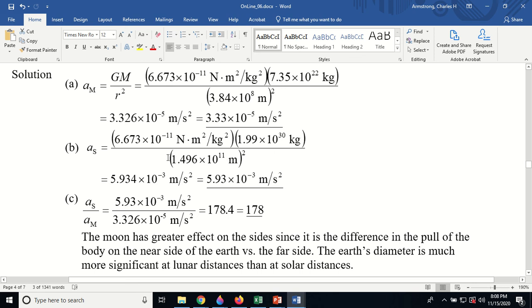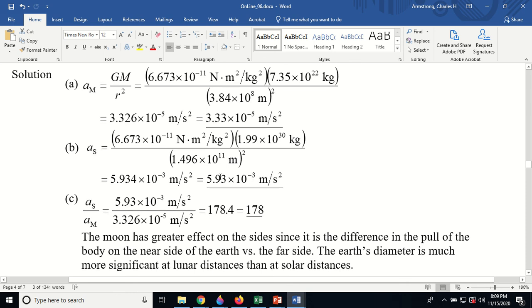Remember, when you're trying to find the acceleration due to gravity due to the moon at the surface of the Earth, you got to use the mass of the moon and the distance the moon is away from the Earth. When you're trying to find the acceleration due to gravity because of the sun on the surface of the Earth, you use the mass of the sun and the distance the Earth is from the sun. Okay, and then we get 5.93 times 10 to the minus third.